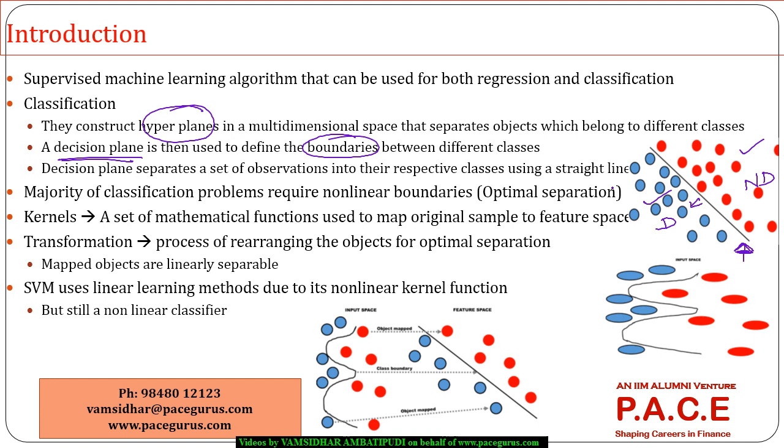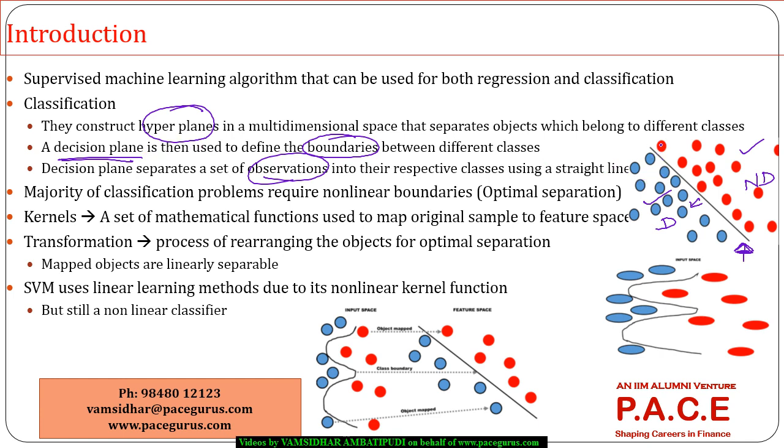That decision plane separates the set of observations into the default class versus the non-default class. So that's the way support vector machines typically work in terms of classification of the variables.